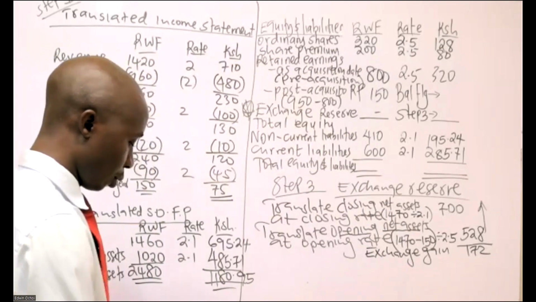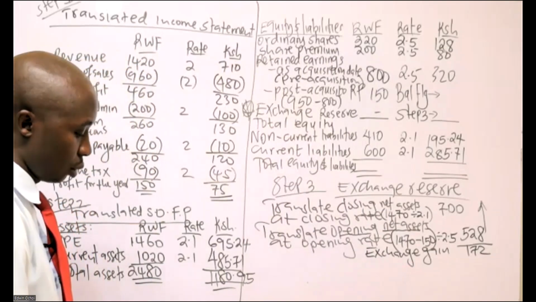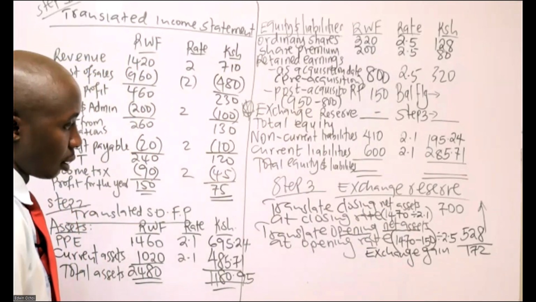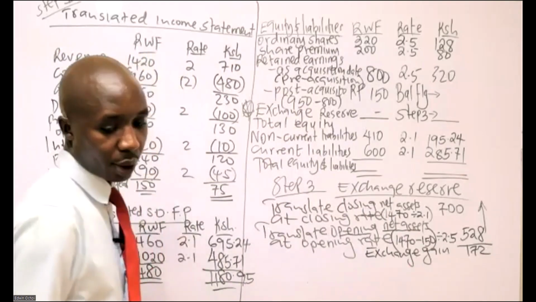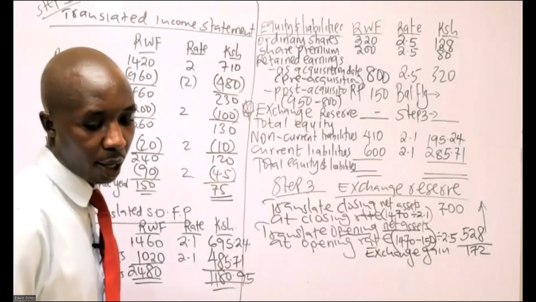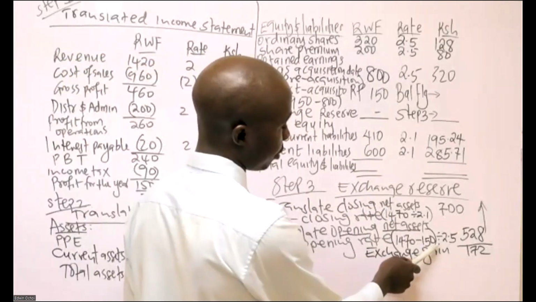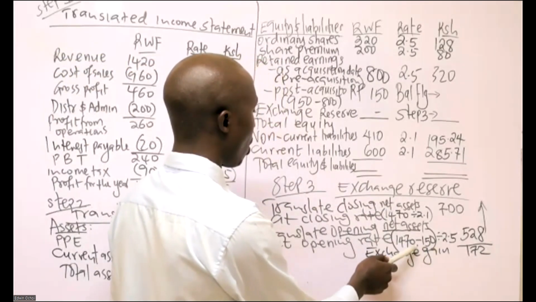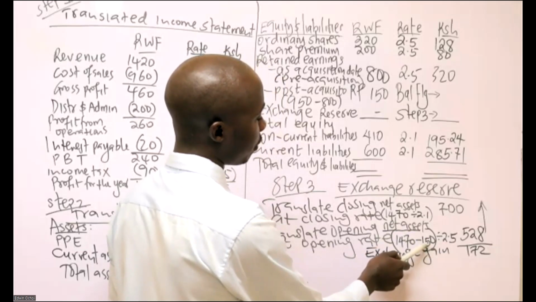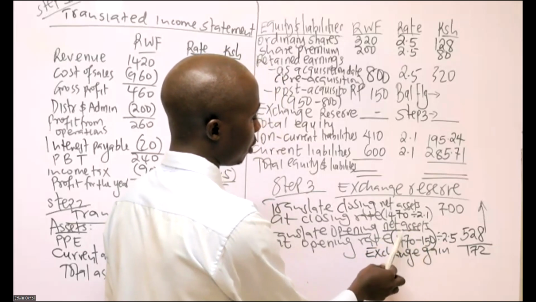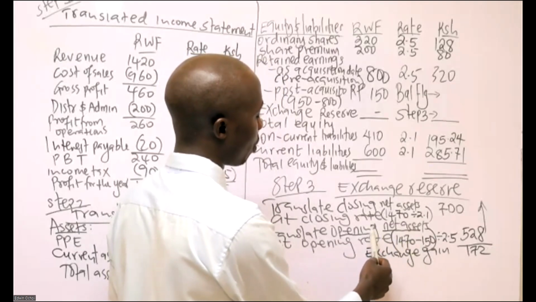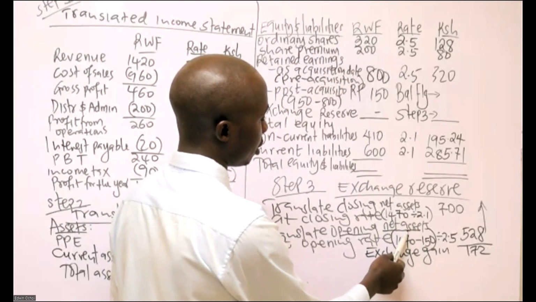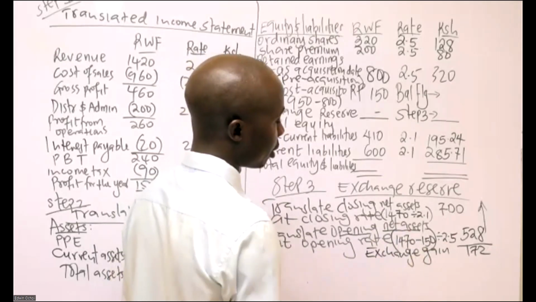So we need to minus what? We need to minus the profit which is already translated. Remember that when we were arriving at the opening net assets, we deducted the 150.